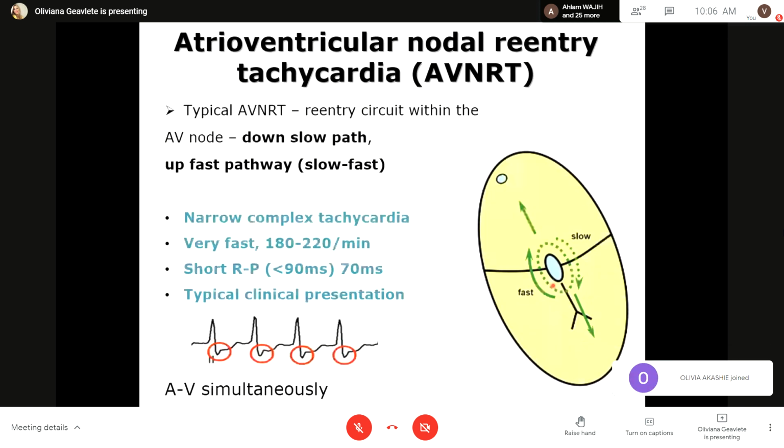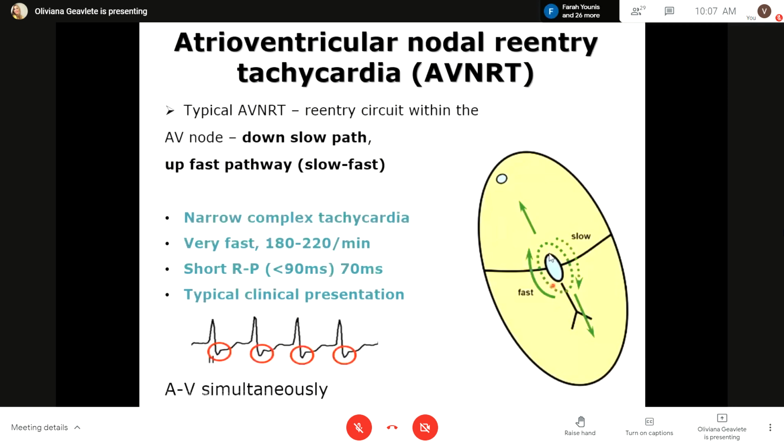Okay, these patients have a typical clinical presentation. Why is that? Why do they look like a frog, and why do they urinate immediately after the tachycardia? So the atrium and ventricle, because this is retrograde activation of the atrium, are activated simultaneously.